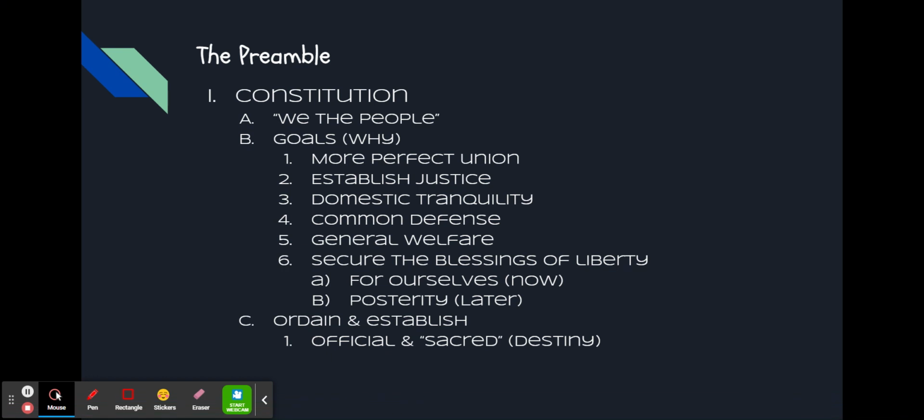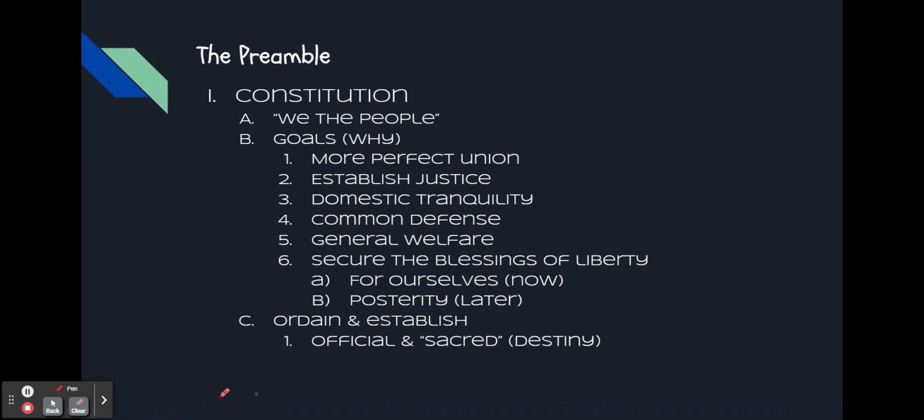It is not made by the group of delegates, even though, yes, it was, but it really is the people of the United States who are responsible for the Constitution's creation because they will be the ones approving and ratifying it. Ratify is just a fancy word that means approve. Okay, so the people created the Constitution.